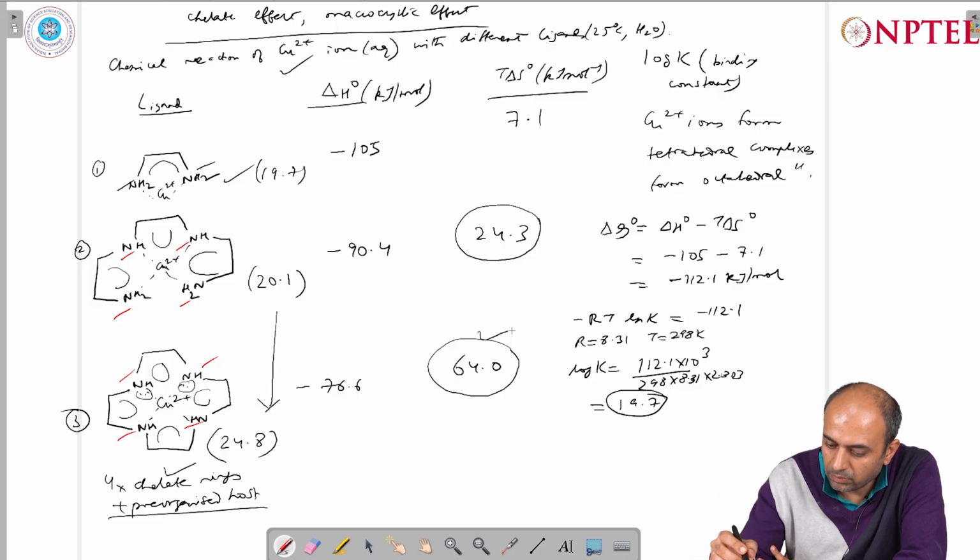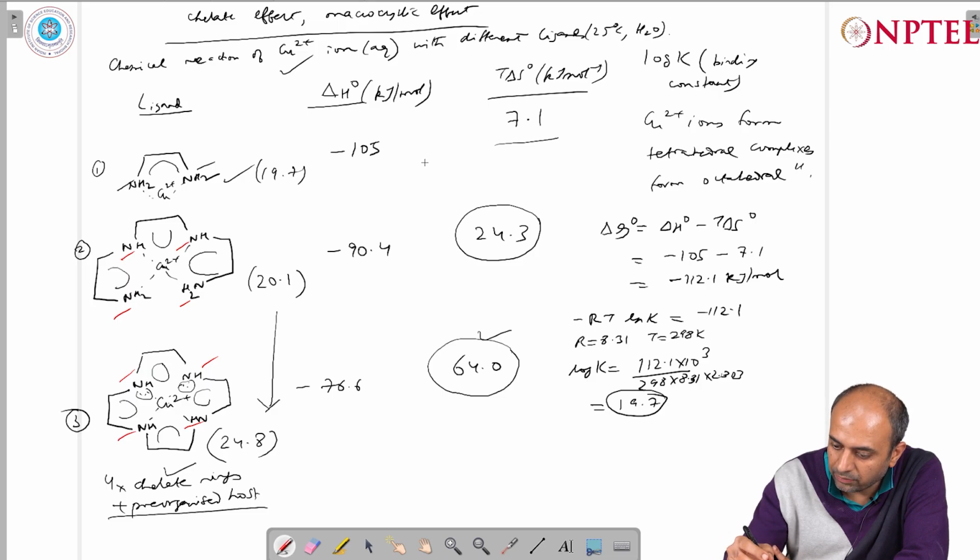And for the ligand 1, obviously the T delta S0 term is the least, and enthalpy consideration wise, you can see delta H0 decreases because you are increasing the hydrophobic content in your molecule, you are increasing the number of carbon atoms. Therefore, the stabilization coming from hydrogen bonding is also reduced, number 1. Number 2, you are also decreasing the number of NH bonds when you are going from second to third.